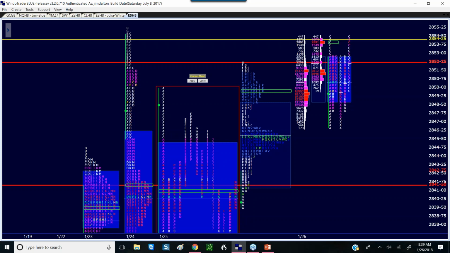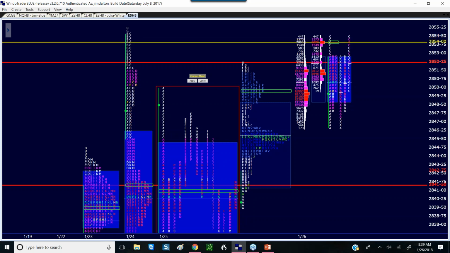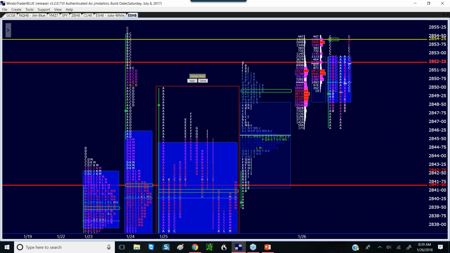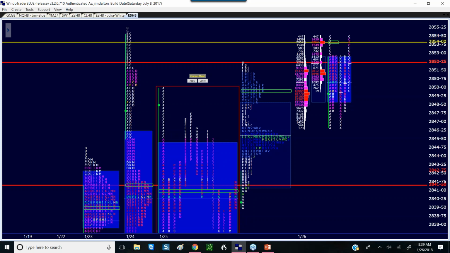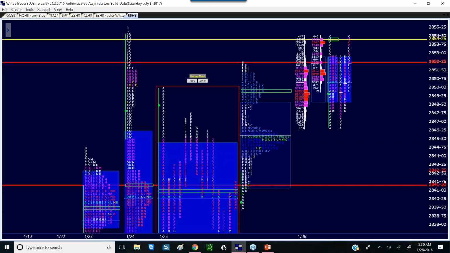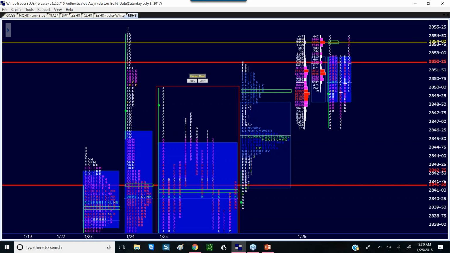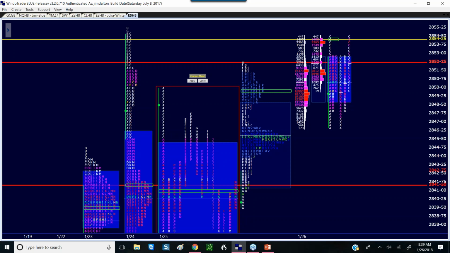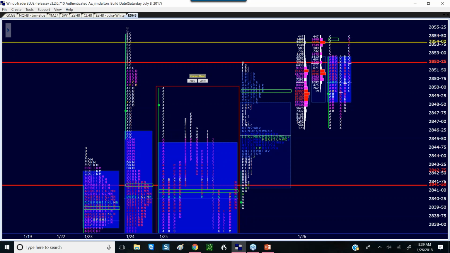So it's very dangerous to trade an ES or the SPY and base it on what's going on in another market, because that information more than likely is already in this profile unless you're the only one that has that information. And it's very unlikely that you and I are going to be the first ones to have that information.